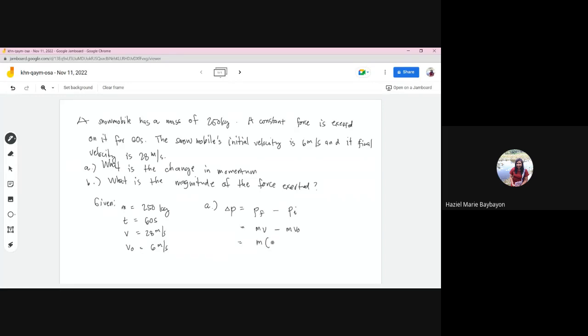So you have m, v minus v naught. So substituting, you have 250 kilograms multiplied by the final velocity, which is 28 meters per second, minus the initial velocity, which is 6 meters per second. So you have 250 kilograms multiplied by 22.